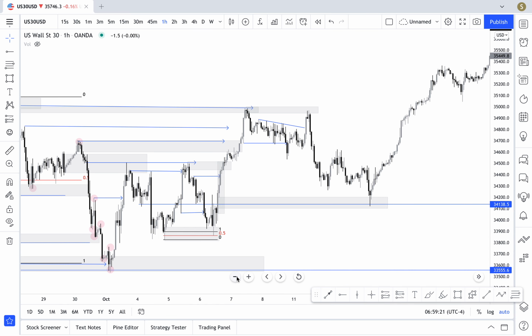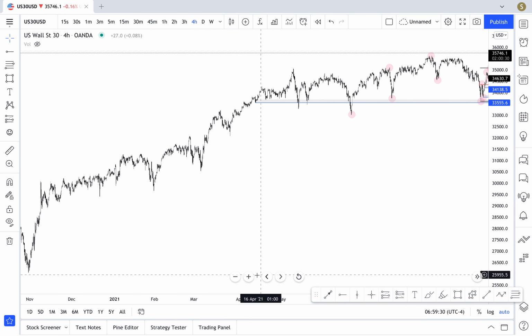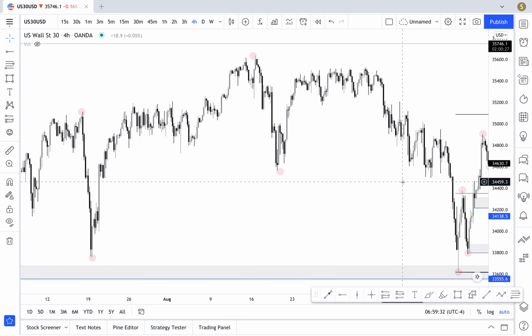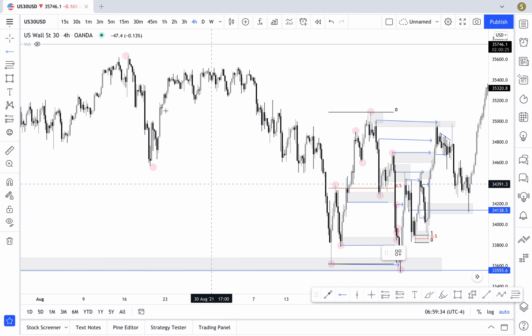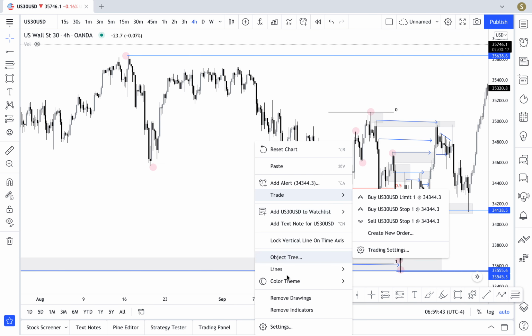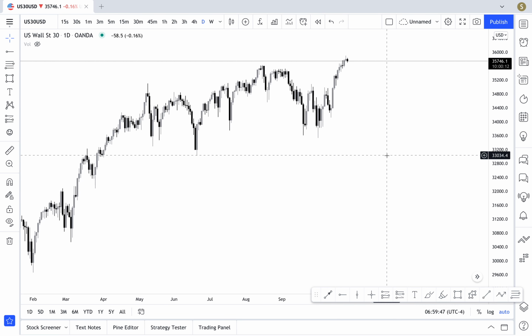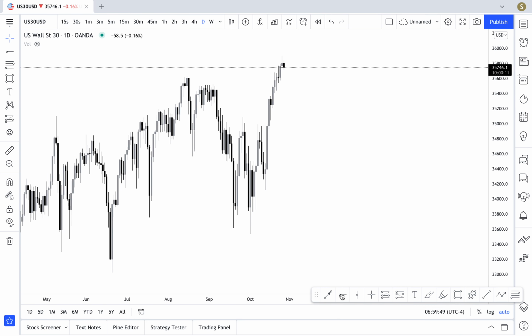Again, when I'm buying here, I need to have the higher time frame view of where the market is going. If I go to H4, I know already where my target is going to be. This is my target, because this is my range from there to here. Even if I go, let me delete all this stuff, to the daily time frame, I need to know where my range is.